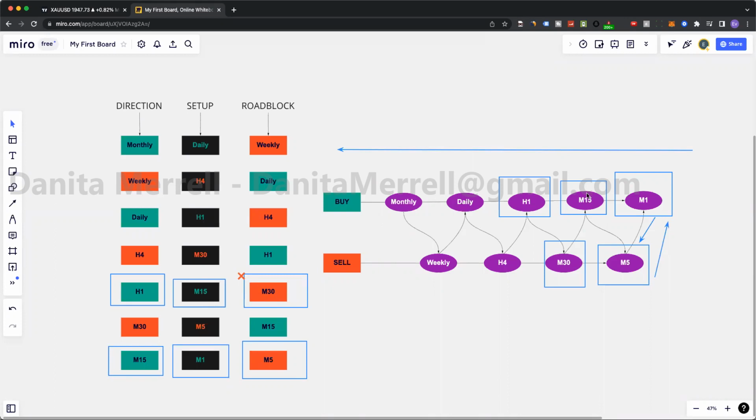From M15, we failed to break the M30, so we're most likely not going to get to this H1. It failed to break. Then I know I either should TP on my M1 or look for sells on my M30.